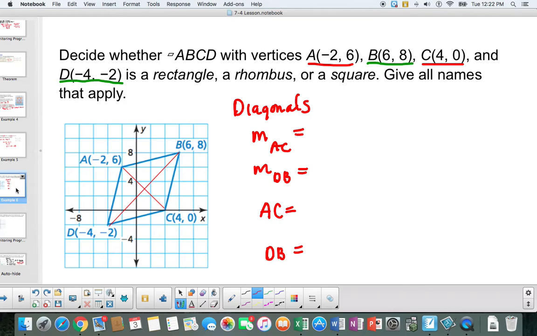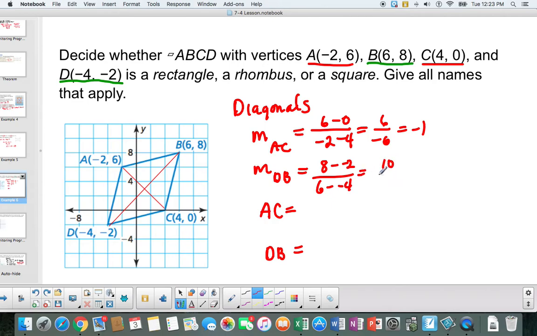All right, we want to decide if this parallelogram is a rectangle, rhombus, or square, and I'm going to do it by looking at diagonals. So I'm going to look at diagonal AC and find its slope. The slope of this is going to be 6 take away 0 all over negative 2 take away 4, which is 6 over negative 6, negative 1. Okay, DB, I want to find its slope. That's going to be 8 take away negative 2 all over 6 take away negative 4.